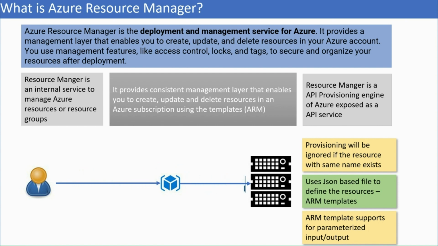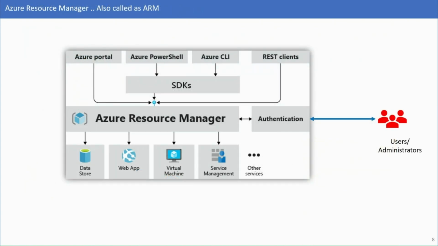Now let's see the next bigger topic that is related to ARM. If you see here in this picture, we have Resource Manager at the center, which can be used by Azure portal, Azure PowerShell, Azure CLI, REST clients, and they can connect to Azure Resource Manager.